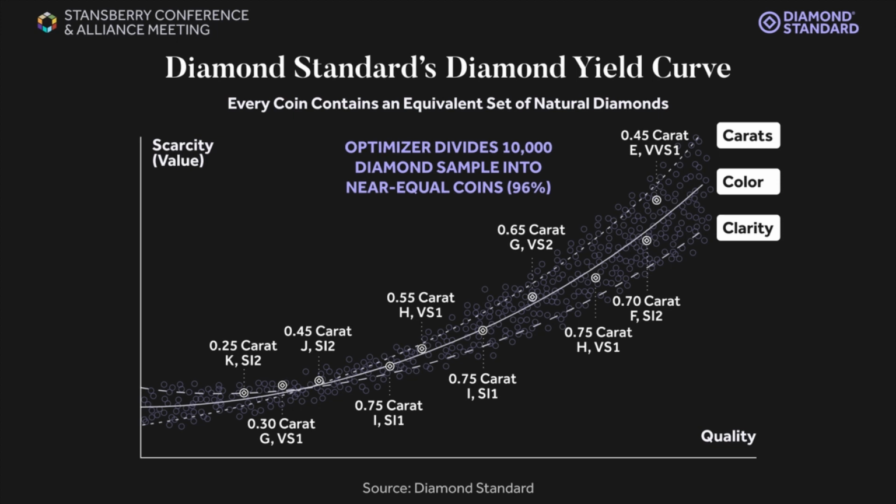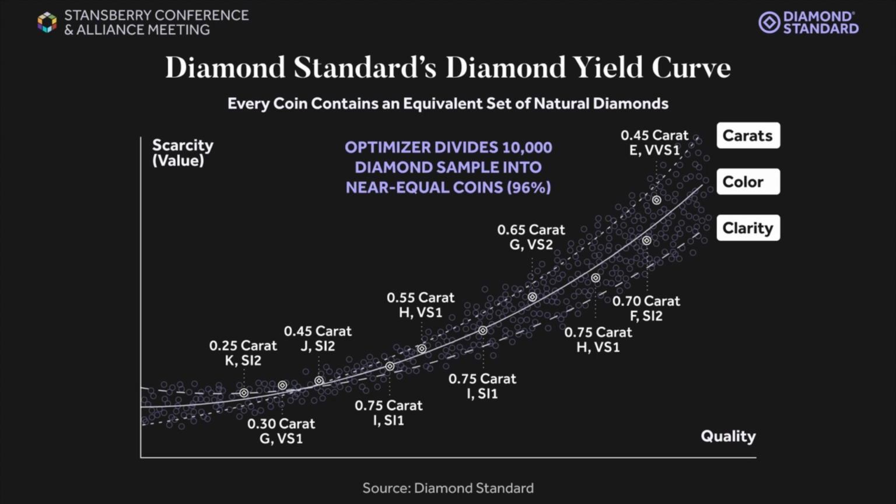Every bar or every coin contains a yield curve of diamonds, which means you'll never find one coin that has one beautiful, fantastic diamond and 8 little tiny pieces of junk. Every coin always has good, better, and best, small, medium, large, all the color range, the carat range, etc.